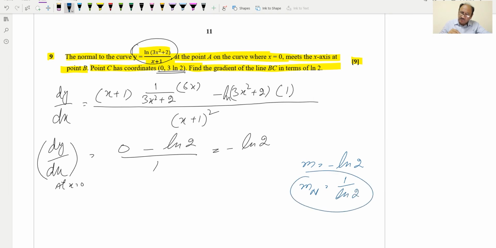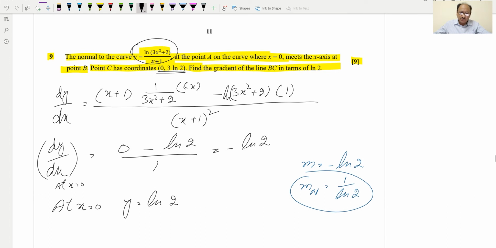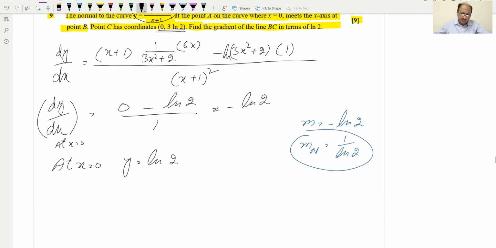Now we will be using this gradient. At x is equal to 0, y is equal to log 2. This is what we got. So the point will be 0 and log 2.